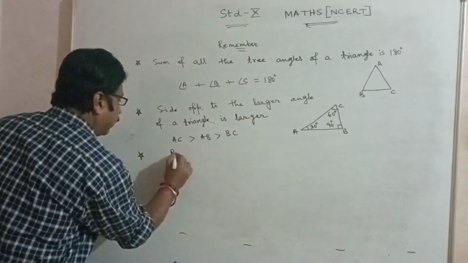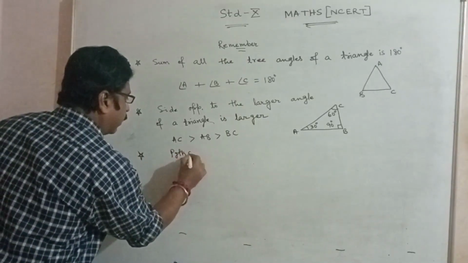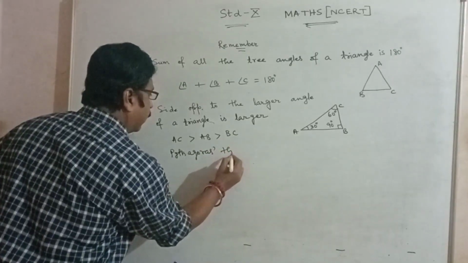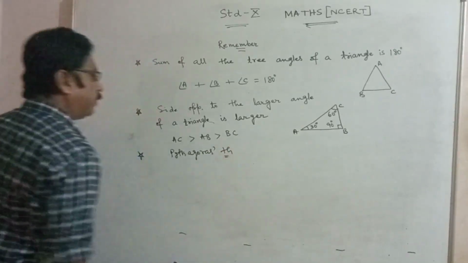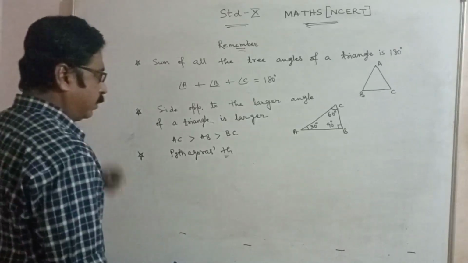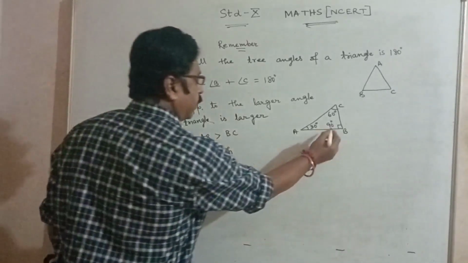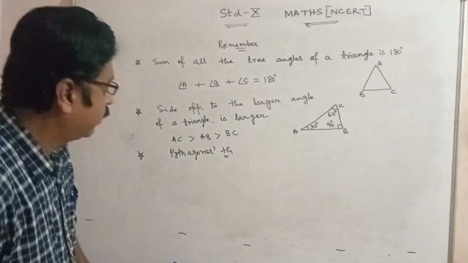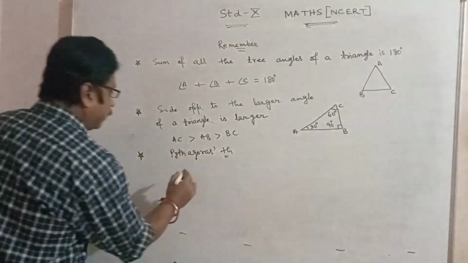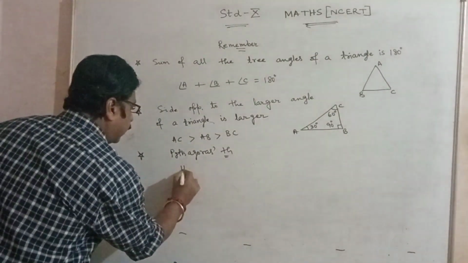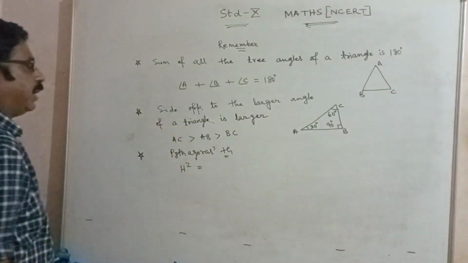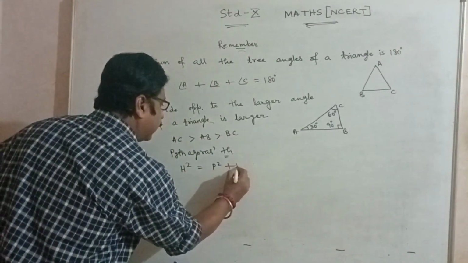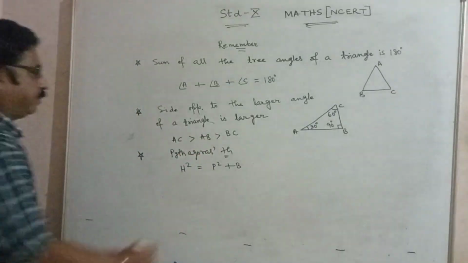Pythagoras theorem. Hypotenuse square is equal to P square plus B square.